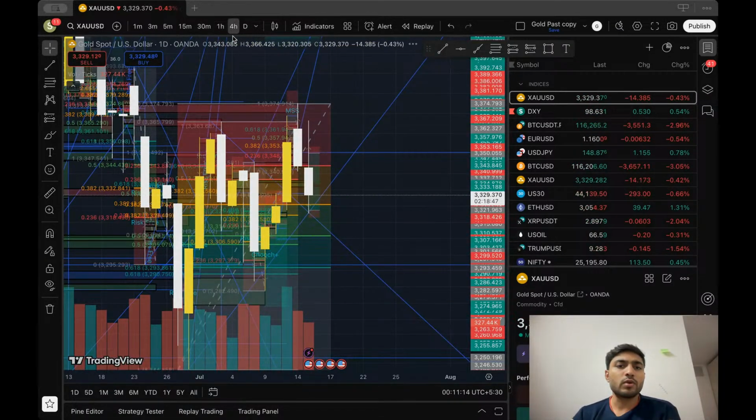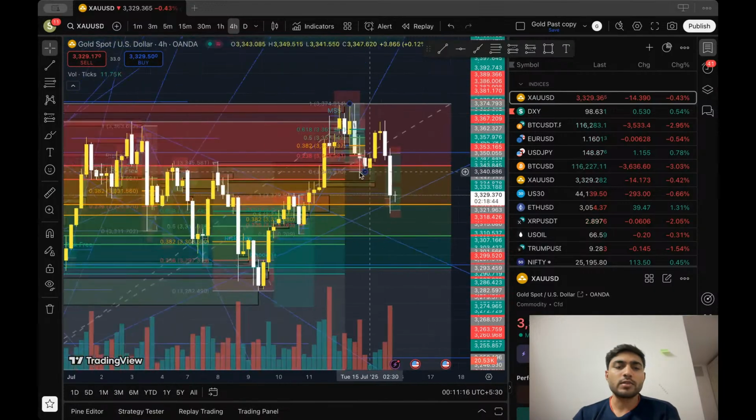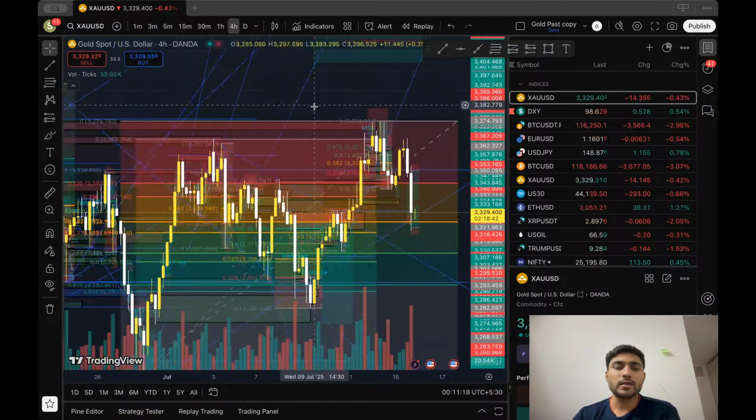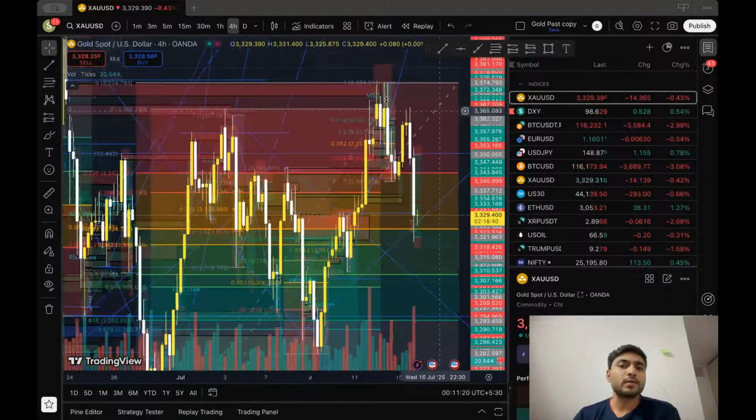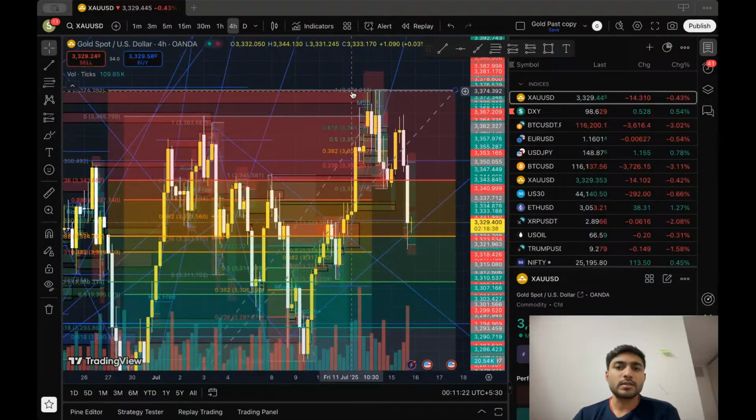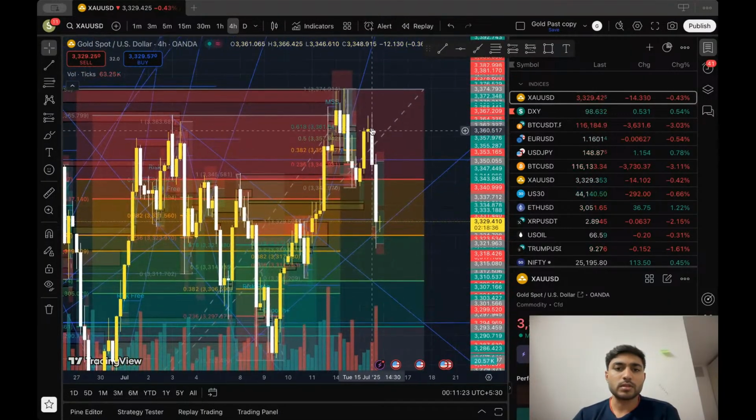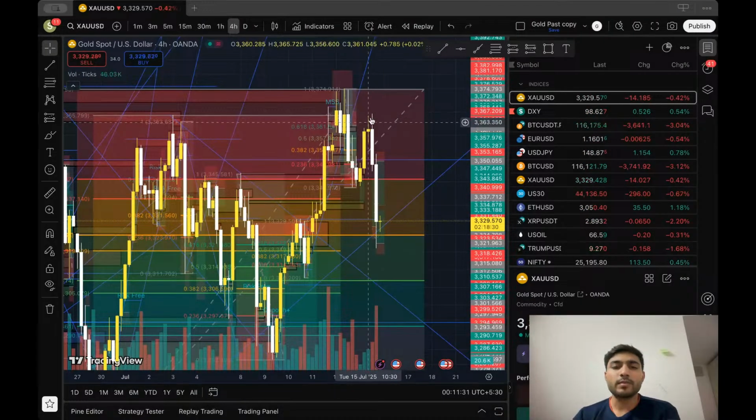So on the 4 hour, let's see. On the 4 hour also, if you see, it has actually danced around a bit for a while there. So if you see the 65 or 66 pair, this is the 4 hour time frame. That means 15 minutes, it's dancing right there only.